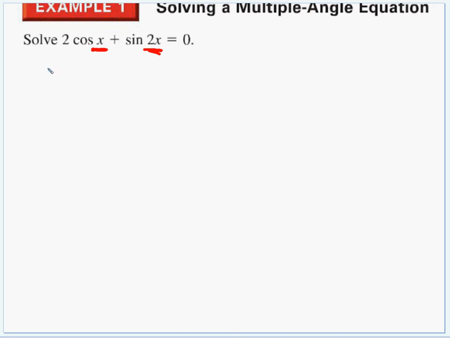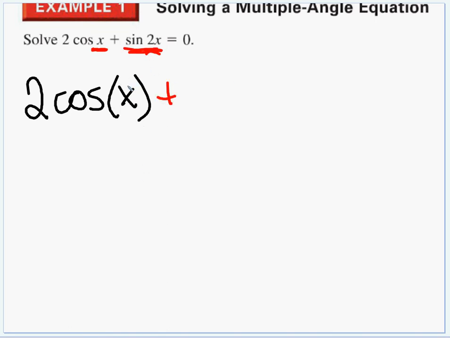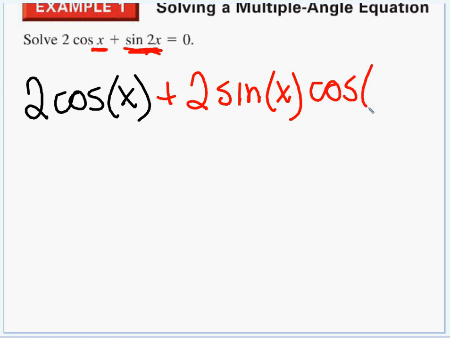So we are going to replace that sine of the double with something. I'm going to copy the 2 cos x first, plus sine of the double. There's only one thing on the formula sheet to replace that with. That is 2 sine x cos x. Now every angle is just x, apples and apples comparison.